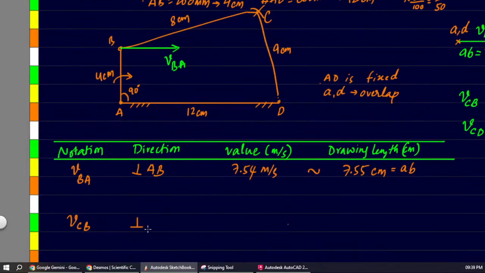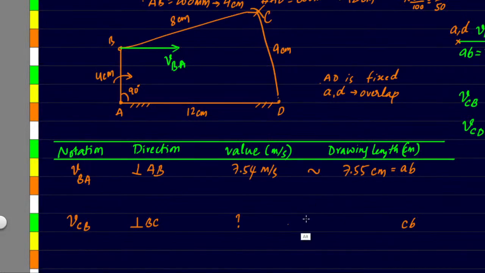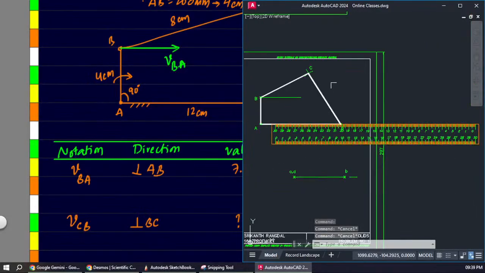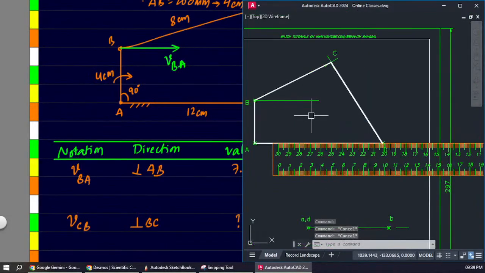So this has to be perpendicular to BC. We don't know its value, and in the diagram it will be CB. Now CB has to be drawn perpendicular to capital BC. Let's come back to our diagram. Now for BC, we'll have to keep a perpendicular.